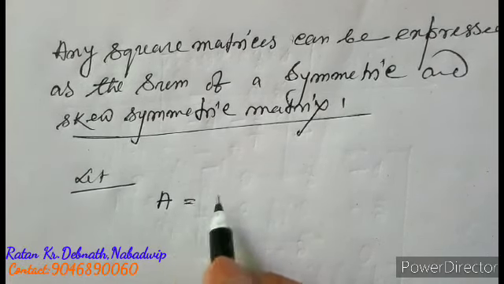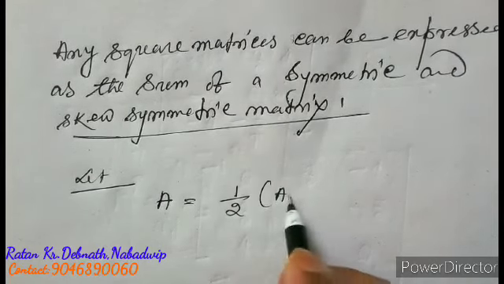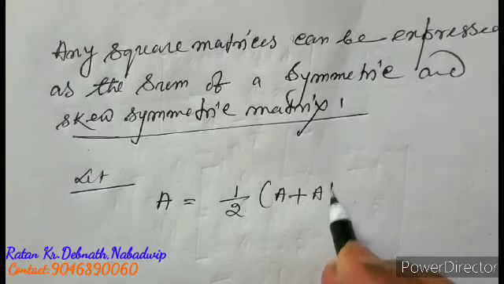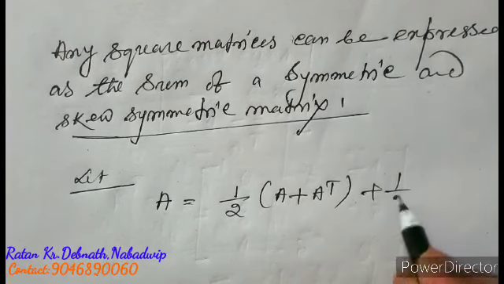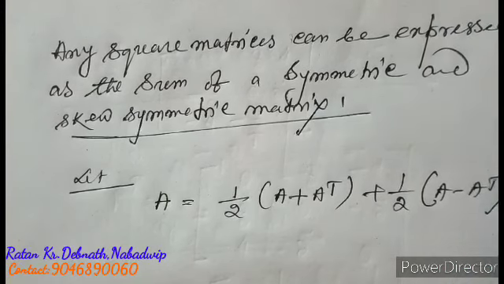Evidently, we can write A equals to half of (A plus A transpose) plus half of (A minus A transpose).